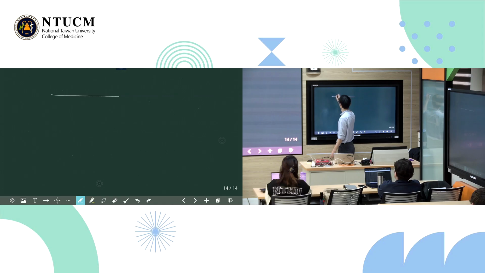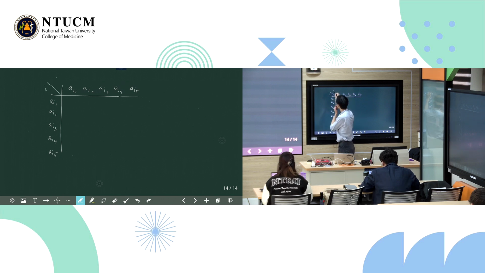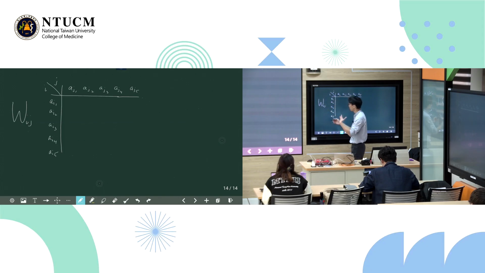think of it in terms of an array, the actual array, so that if you have AI1, AI2, AI3, AI4, AI5, you also have correspondingly AJ1, AJ2, AJ3, AJ4, and AJ5. So this will be the I state, this will be the J state, and this will be the W IJ array.